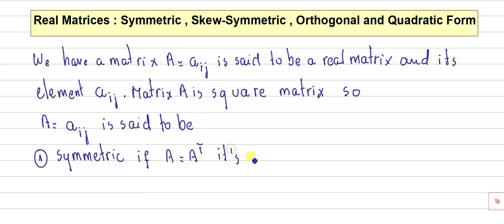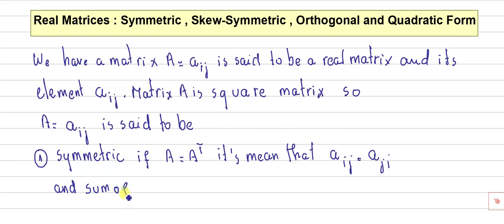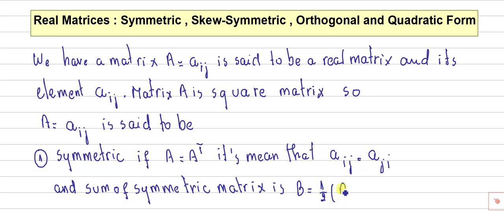It means that A_ij equal to A_ji, and the sum of symmetric matrix is, we let B equal to 1 over 2 (A plus A transpose).